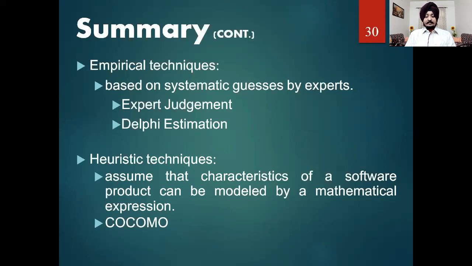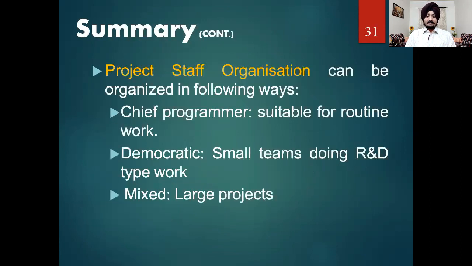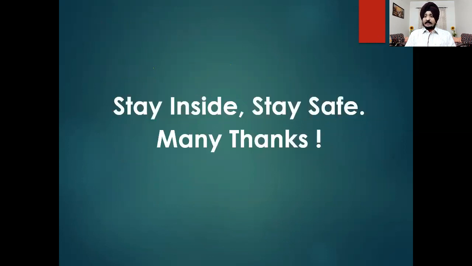Then we studied heuristic techniques, which are very vital, and the COCOMO model, which is used to calculate the effort and time required for a particular product. Then at last we came to project staff organization, which is also very important, and we learned about different categories of organizing staff, because for product development it is equally vital.